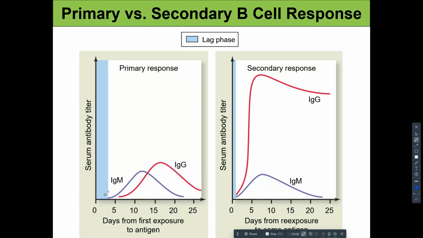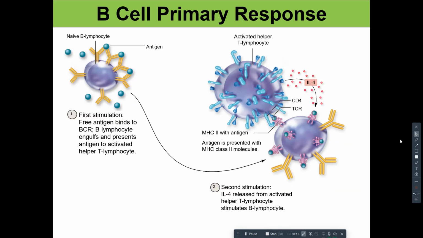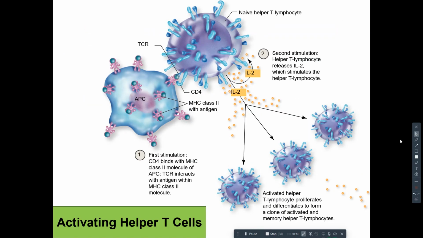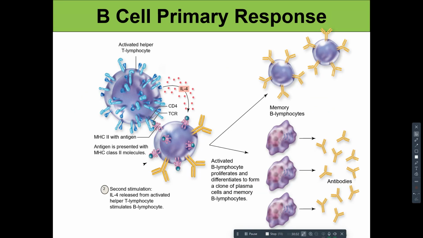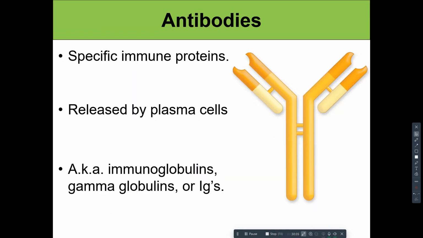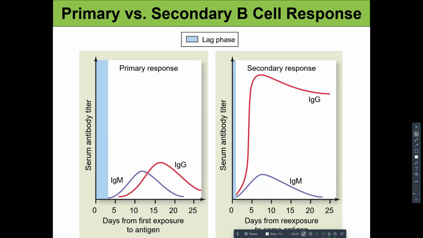So everything we've just talked about, the whole part about the macrophage swallowing the antigen, chopping it up, finding the right helper T cell, letting that helper T cell divide, then the B lymphocyte binding that same antigen, finding the right helper T cell, then the B lymphocyte dividing, then the plasma cells making antibodies.